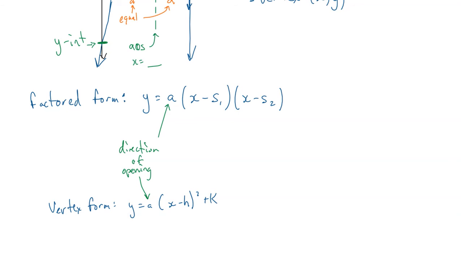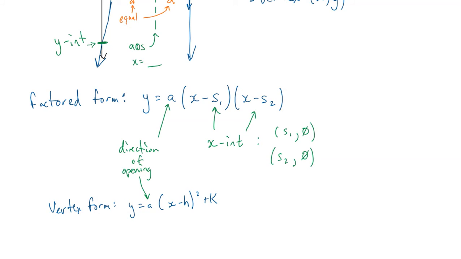What's different is that these are the x-intercepts. And notice that it's x minus s1. So my x-intercepts in this case would be (s1, 0) and (s2, 0).